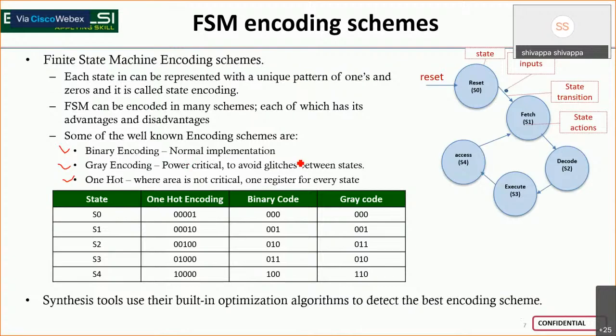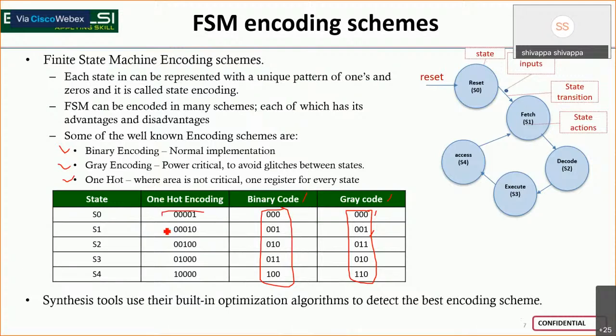Normal binary encoding is what you normally use. In gray encoding, from one state to the other there is only one bit change. In power critical applications, you can use gray code for implementing the state machine encoding, and binary in normal cases.